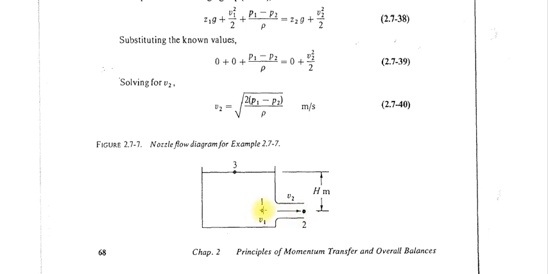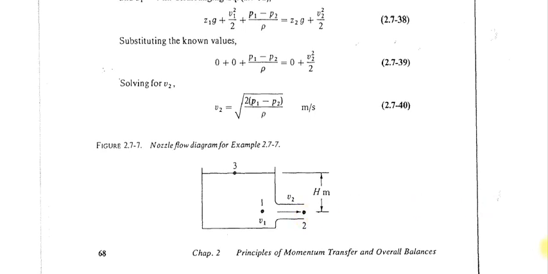Here you have the higher pressure due to the weight of the water above it, but at the point P2 you have the atmospheric pressure. The second point is that the velocity V3 here is 0. Here velocity V1 you can assume it is also 0, but you have the velocity V2 here.